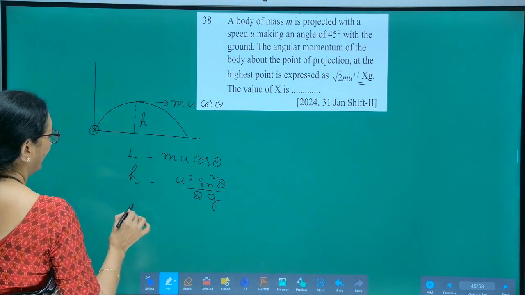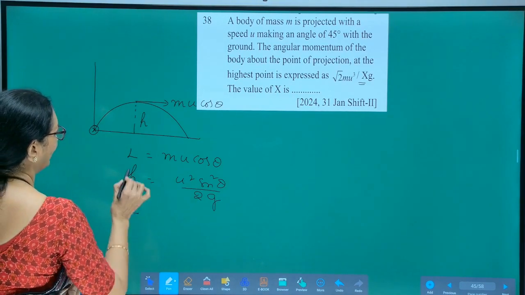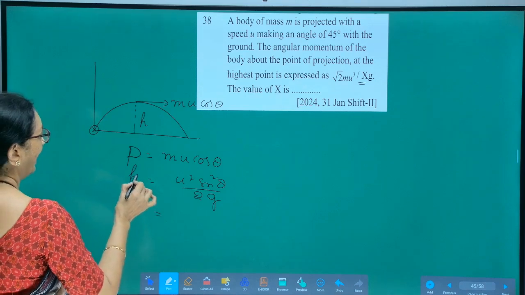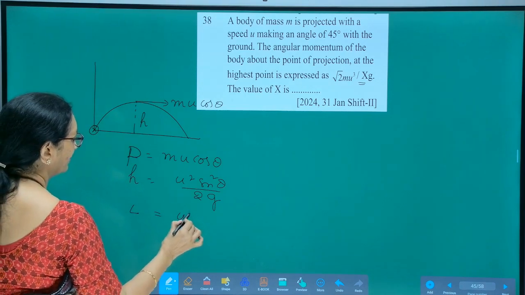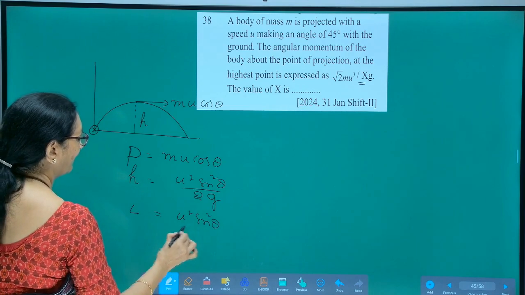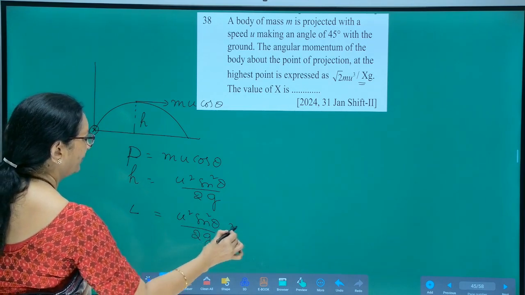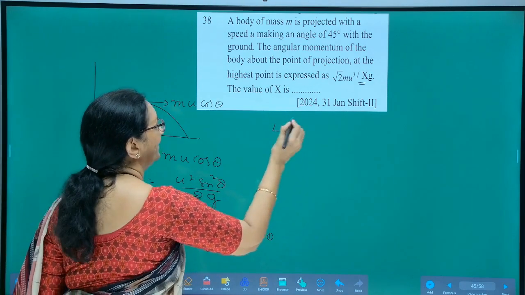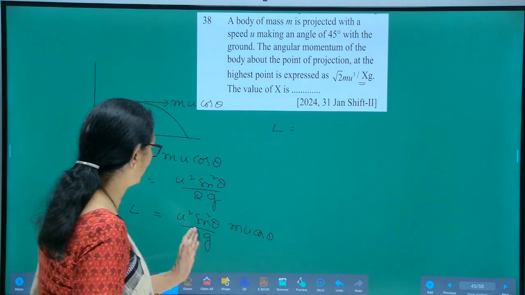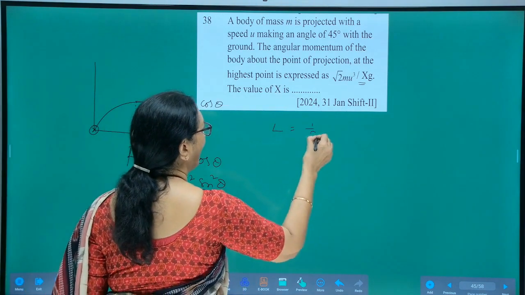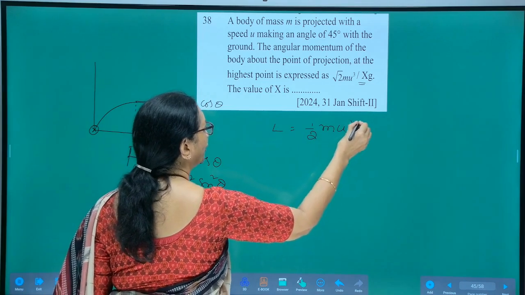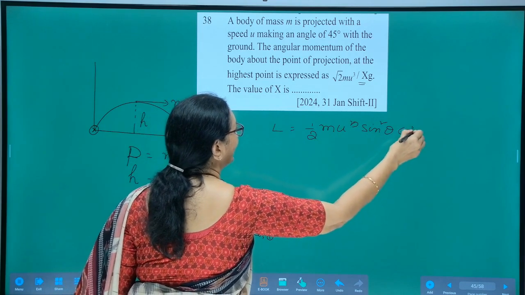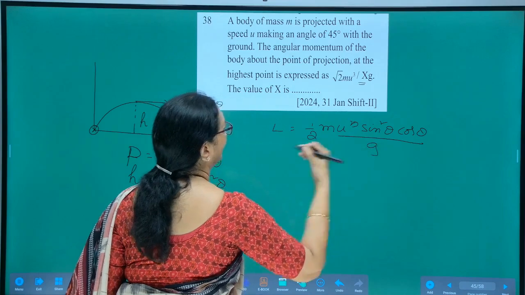So, this is linear momentum, isn't it? Angular momentum is r cross p, that is u square sin square theta by 2g into mu cos theta. So, angular momentum at the highest point of a projectile from this is half mu cube sin square theta cos theta by g. Right?